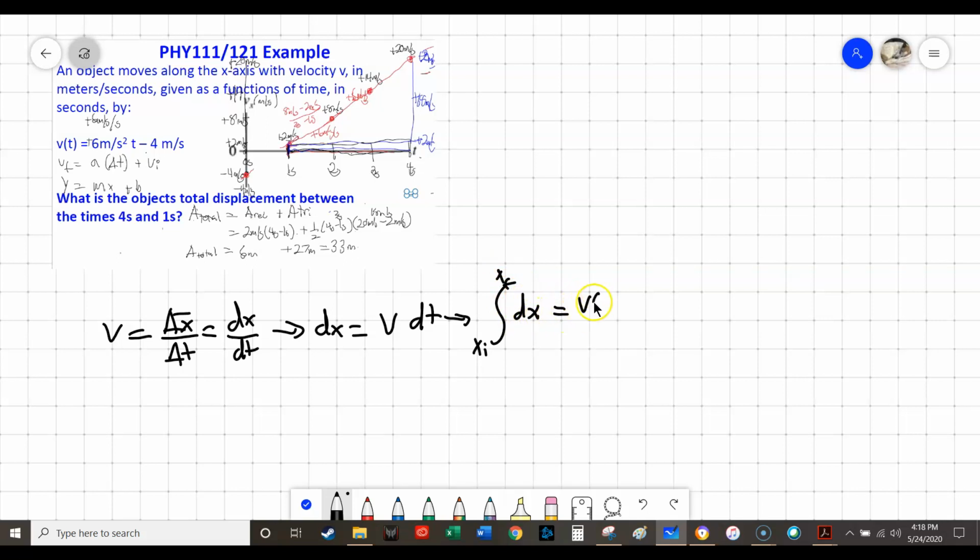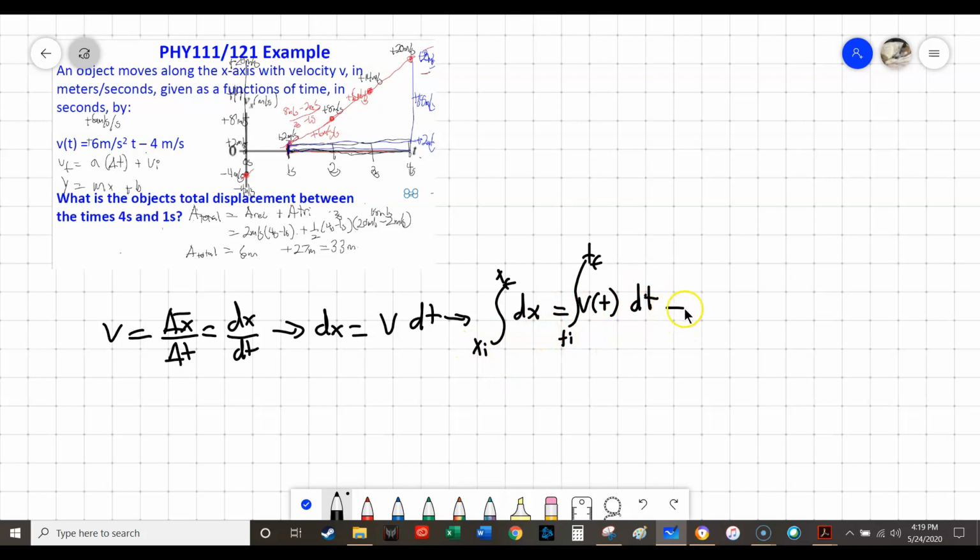Our v of t equation is going to go right here, which is our positive 6 meters per second over every second times t minus 4 meters per second. And that's dt. And we're going to do this from the initial time to the final time. Okay, so that's our general equation, right?